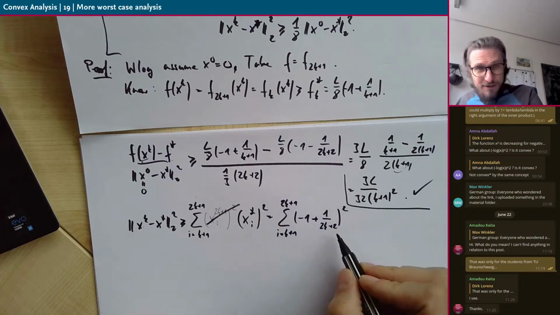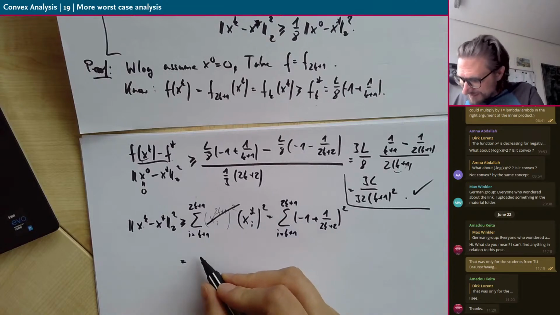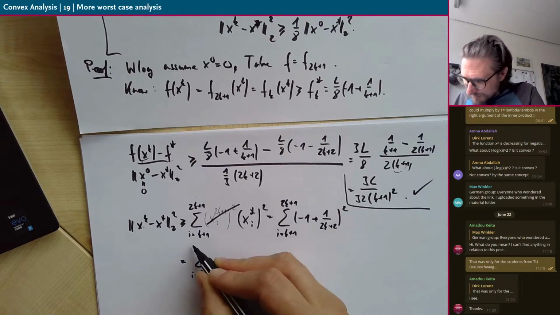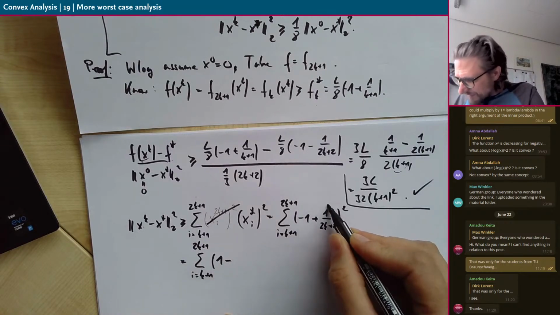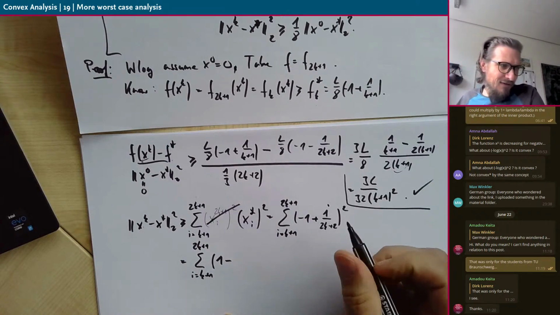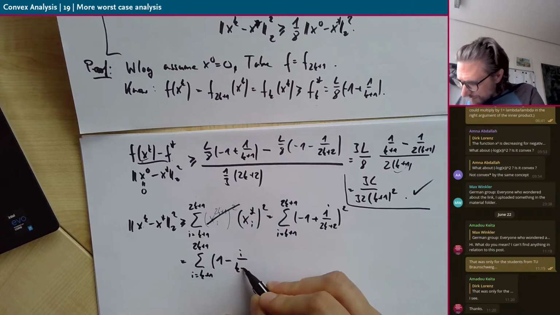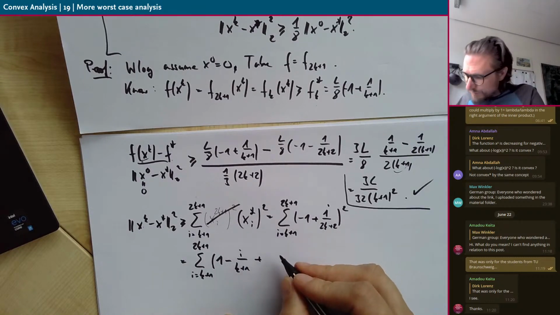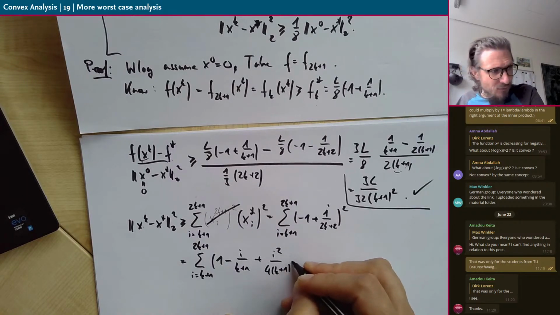Okay, and so now we need to calculate that sum, and this is just basic arithmetic. We write that down as the sum from k plus 1 to 2k plus 1, and then we just calculate the square. It's 1 minus, oh, this actually is an i, another 1. This is the i, the summation index. So then here we get i over k plus 1, negative because we have one negative here, plus i squared over (k plus 1) squared times 4.